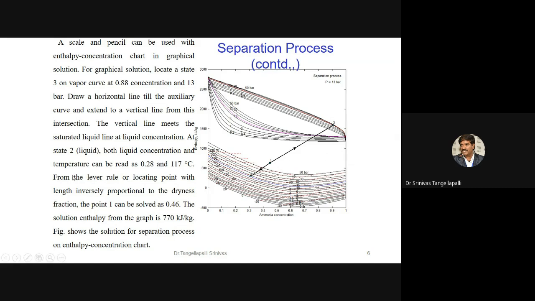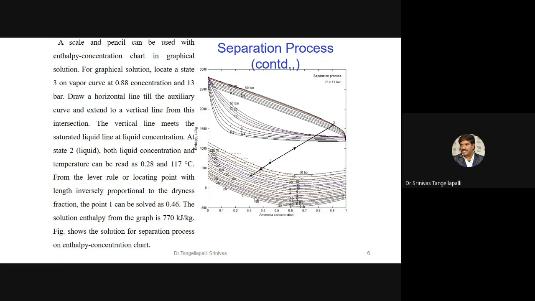From the lever rule, we are locating the point with length inversely proportional to the dryness fraction. What is the dryness fraction given here? 30%. Using a scale, take the total length of this line in millimeters and divide it into 30% and 70%.